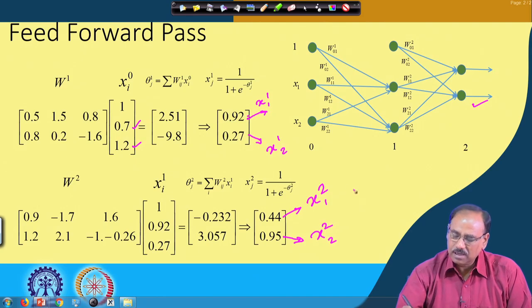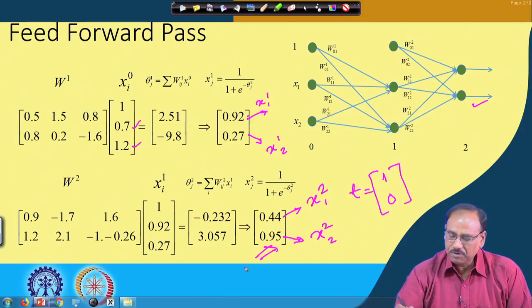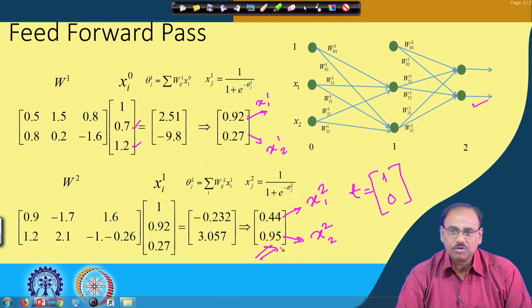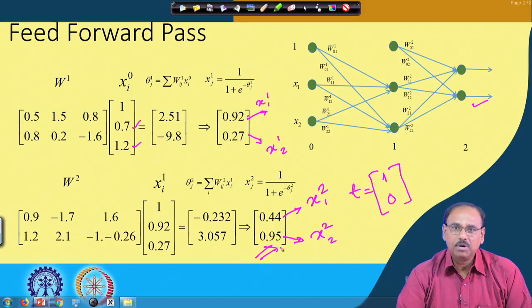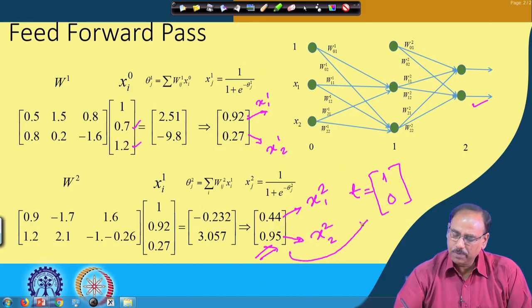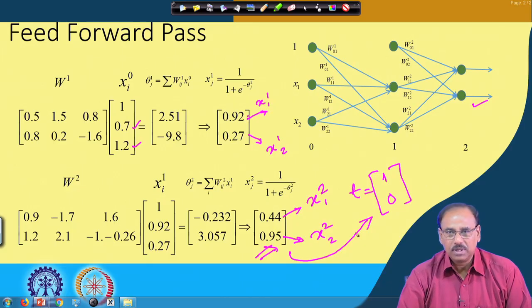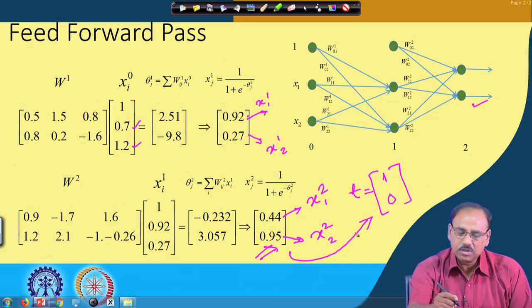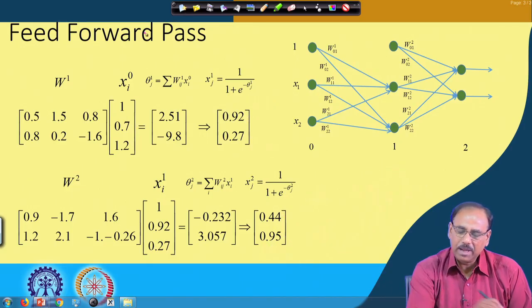As a result, my target vector is 1, 0, but this is the actual vector that I got. The difference between the target vector and the actual vector gives me an error, and by using the backward learning mechanism, we have to minimize this error. That means the output should be as close as possible to the target output, and that is what we are doing using the backward learning algorithm.